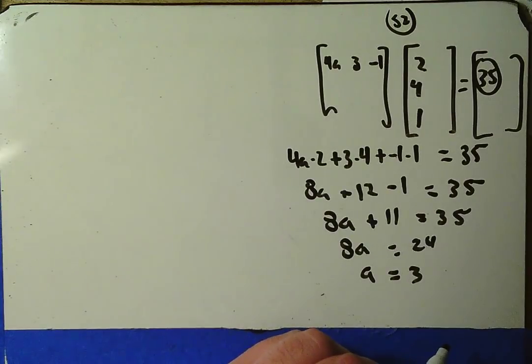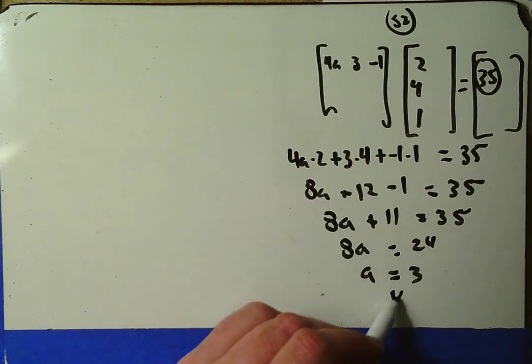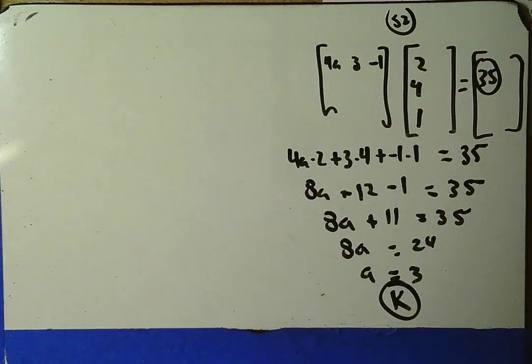When a equals 3, this equation is satisfied, and that happens with choice K for number 52.